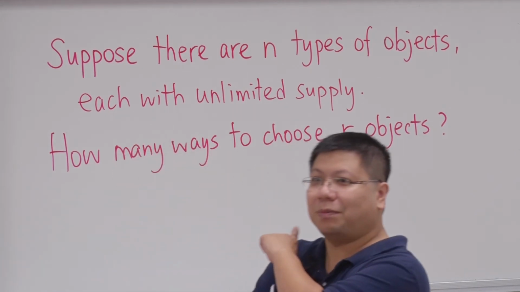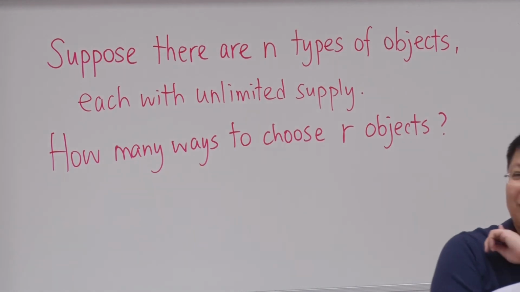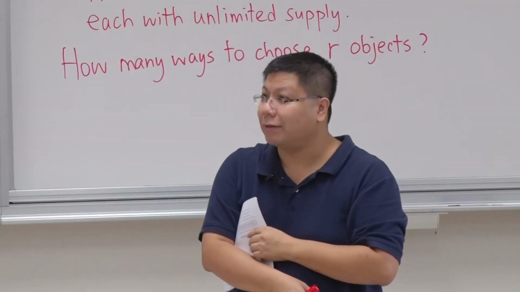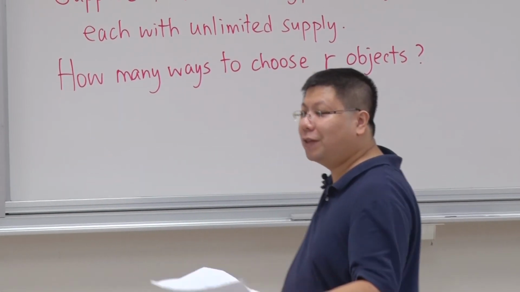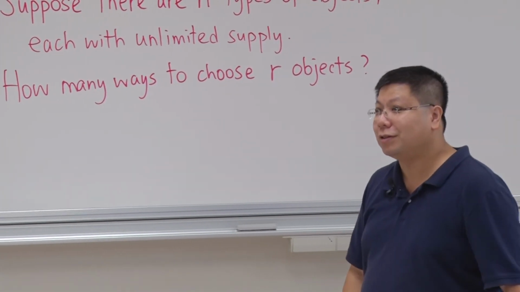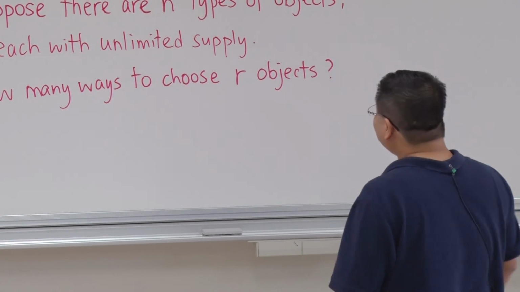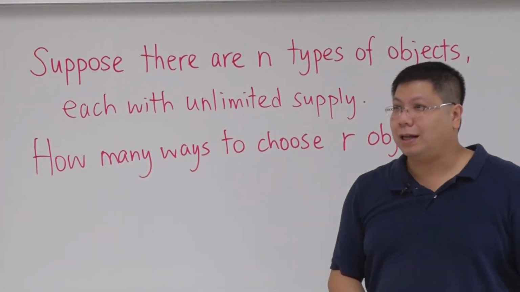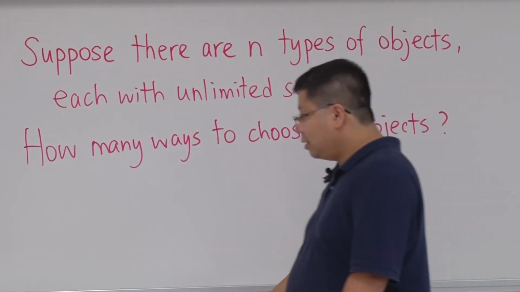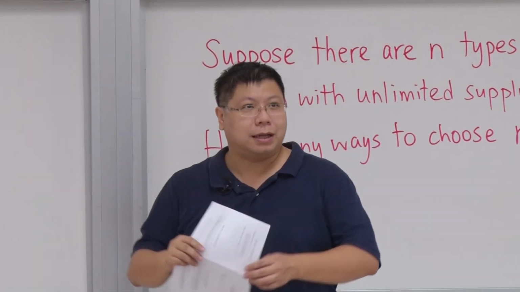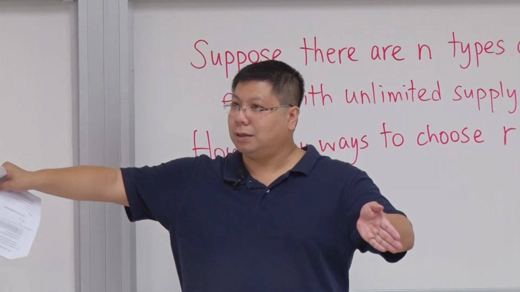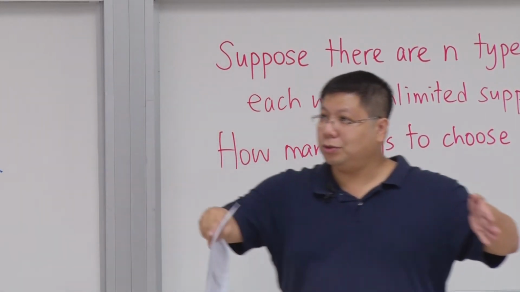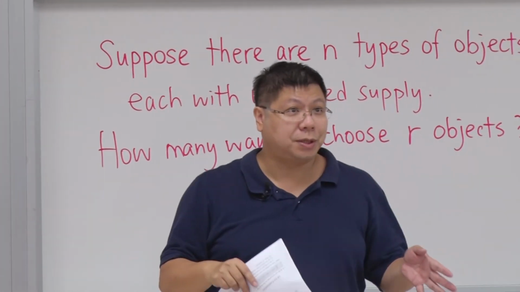We have studied this problem before, so we can use a balls and bars model to do the counting. But let's solve this problem again using the generating function. There are N types of objects, each with unlimited supply. What is the generating function of object 1, and of object 2, and so on?